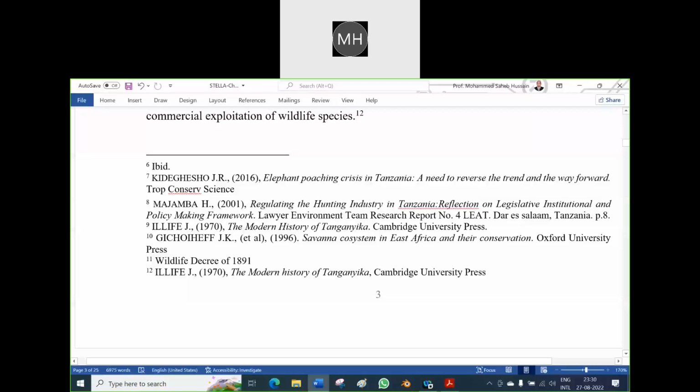Savanna ecosystem in East Africa and their conservation. Why did you write a small e? It should be a capital E in Ecosystem. But in East Africa you wrote a capital E and a capital A. Why did you not write the small letter?